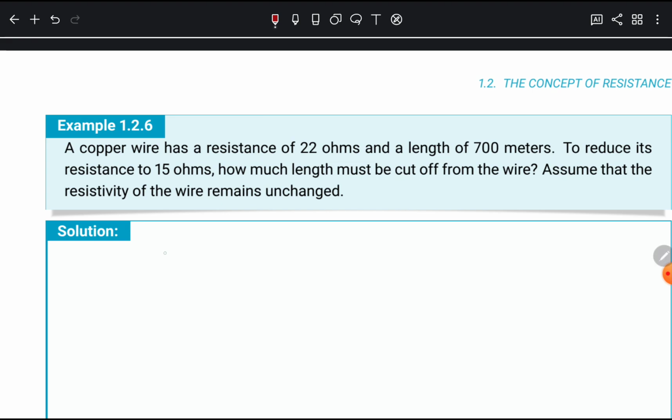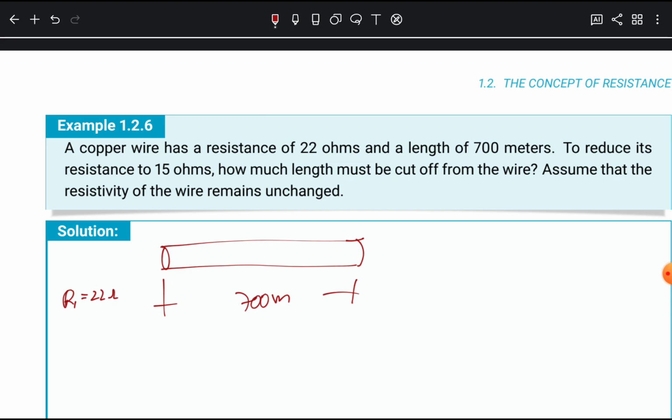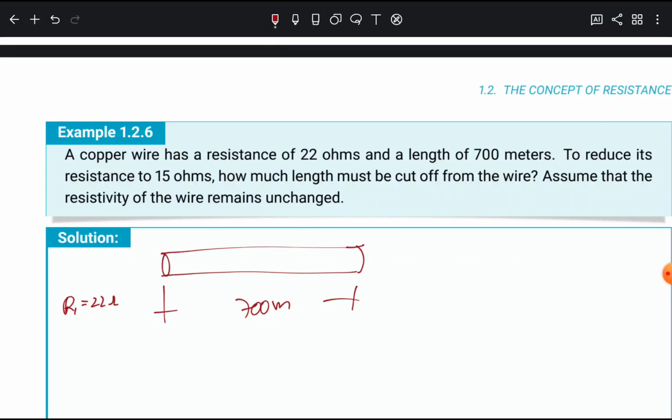So we have a copper wire that is this long. It's 700 meters long, and the resistance originally was, so R1, 22 ohms. Now, the problem wants to change the resistance and make it a 15 ohm resistance.